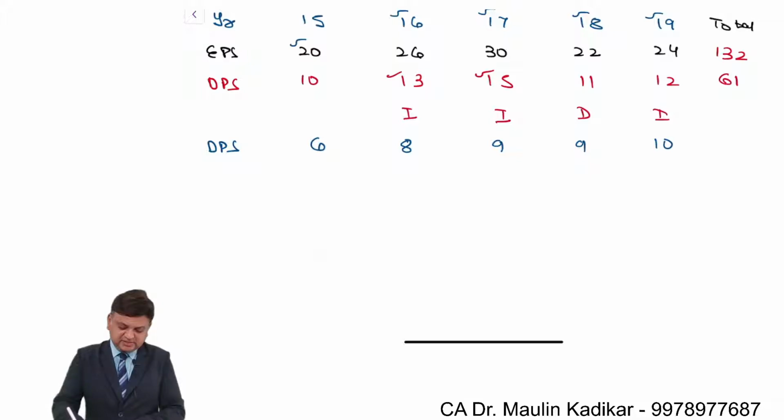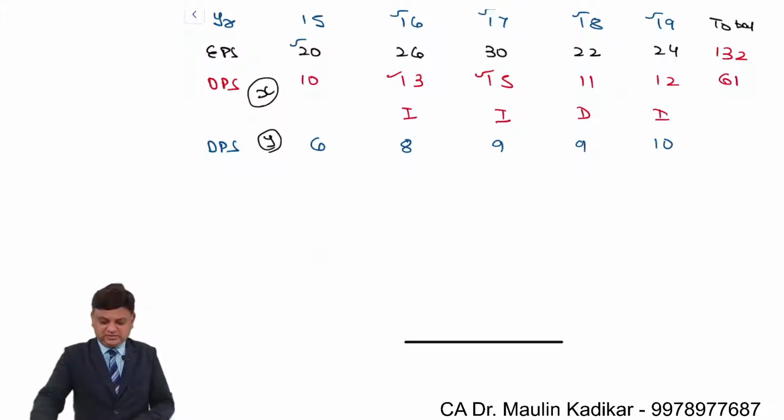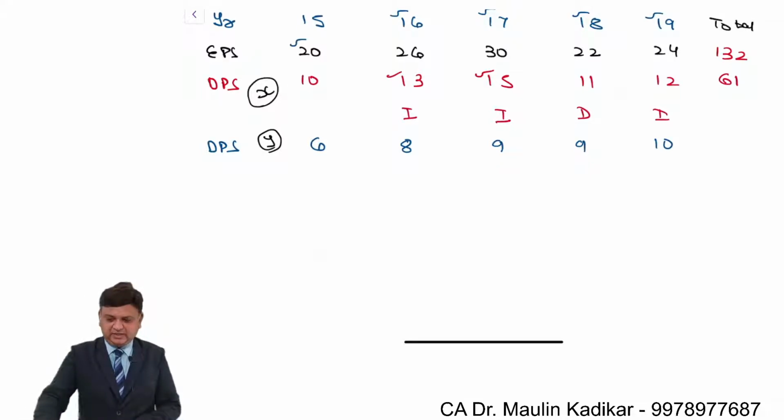Let us say that this is X and this is Y. Again use your calculator. 6 plus 8 plus 9 plus 9 plus 10. So the total comes to 42.